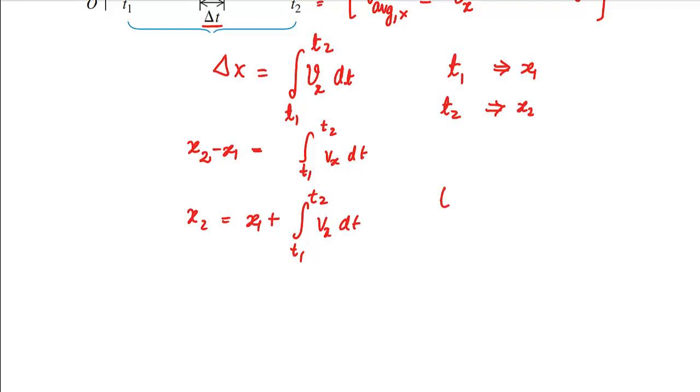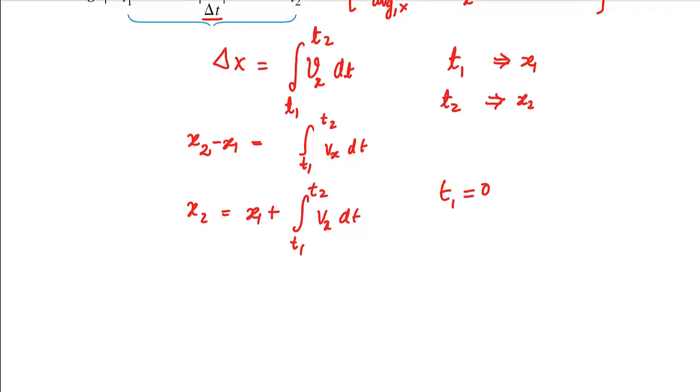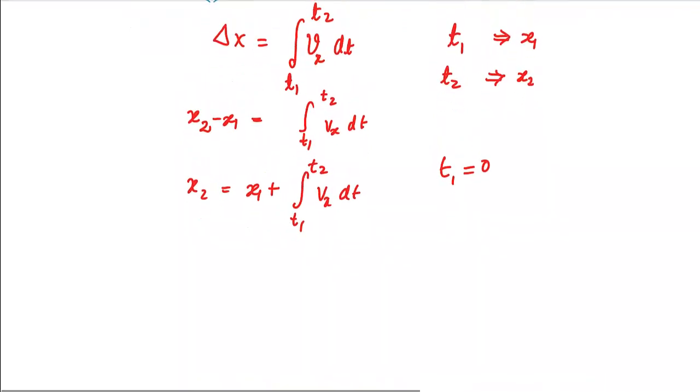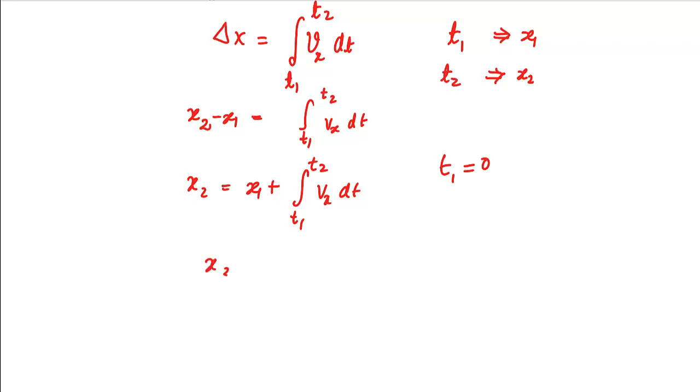In a special case, if time t1 is 0, then I can write the same expression in a slightly modified form. Let's say time t2 is t. Then I can write x2 is equal to x1 plus the integral from 0 to t of vx dt.